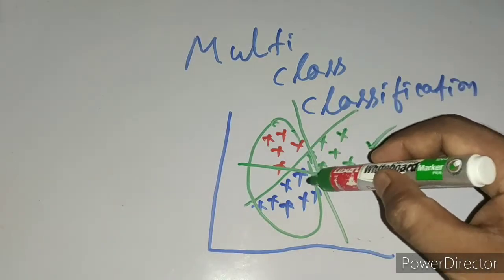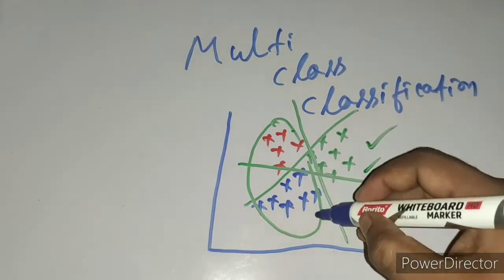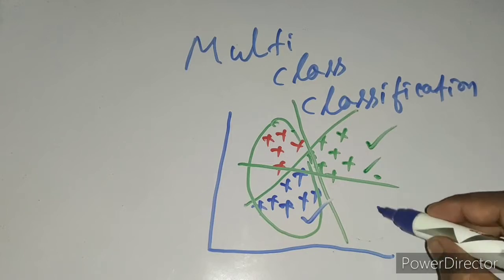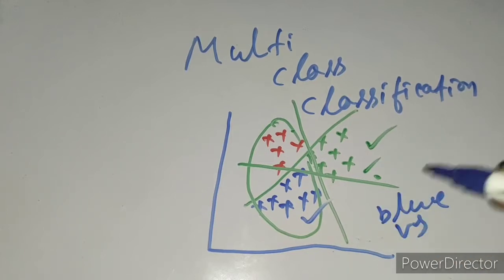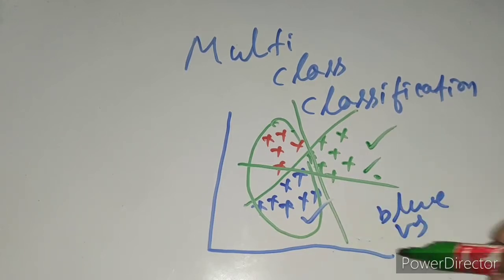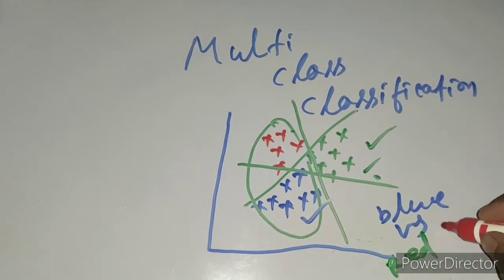This blue cross will be kept aside, which will be compared with red and green. Like this. So mathematically, how does it happen, we need to see.